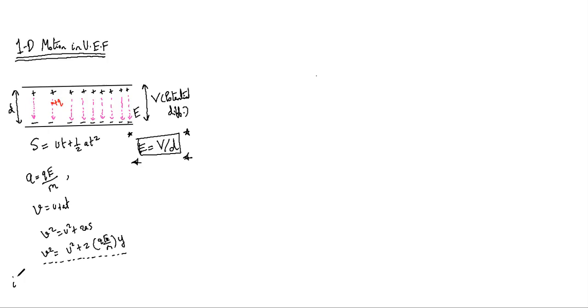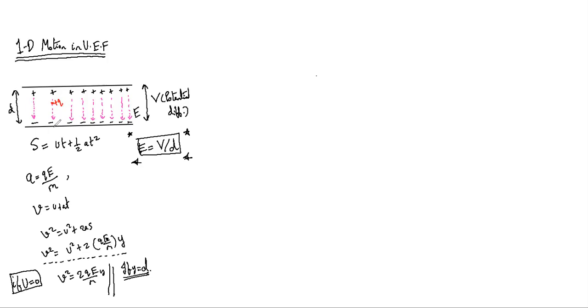Some cases can be that if initial velocity is 0, that means the charge is dropped from the top plate. So that time v square can be written as 2qE by m into y. And if this y equals d, that means the charge is covering the entire distance from top plate to bottom plate.